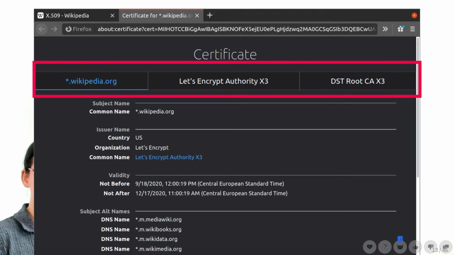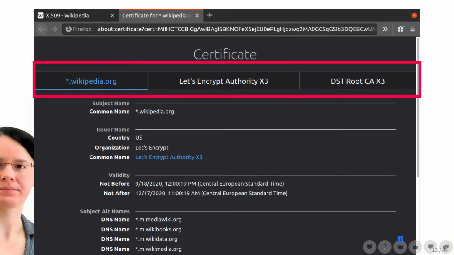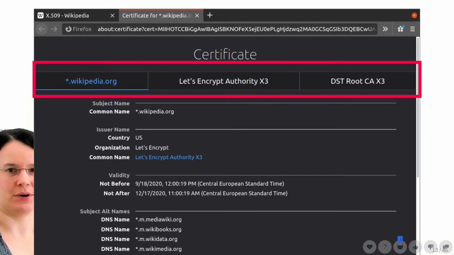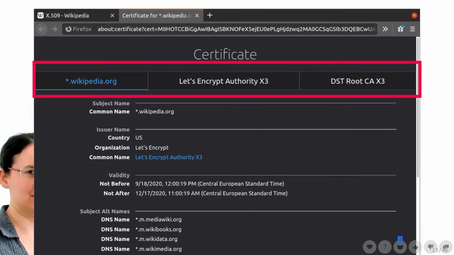And in that case, the root CA is the DST root CA. So the certificate of this root CA actually shipped with your browser. And it doesn't have an external signature, so the root certificate is actually self-signed. So the CA signs its own certificate.